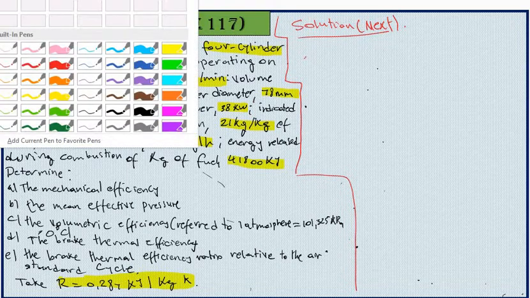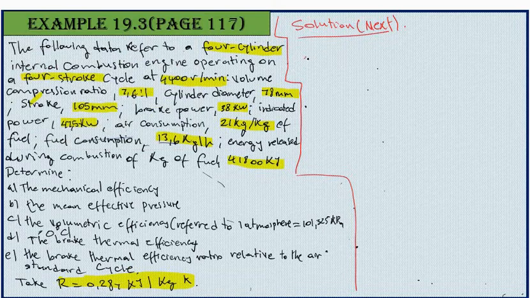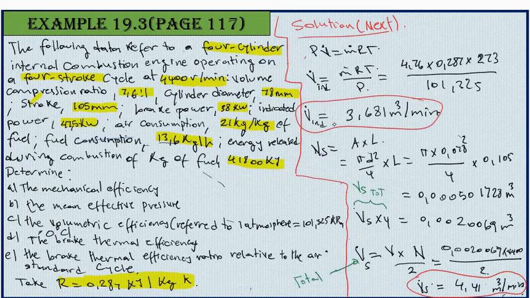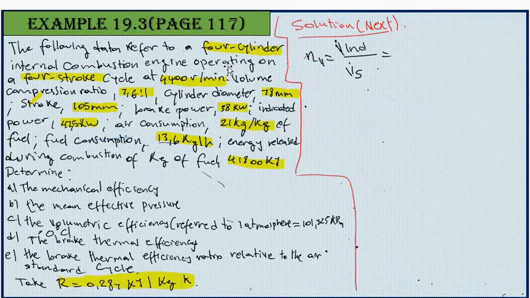Now I'm going to use the formula. I know that the volumetric efficiency is equal to the induced volume divided by the swept volume, which is symbolized by Vs. These are the values that were determined from the previous slide. We have the induced volume, and then we have the swept volume.